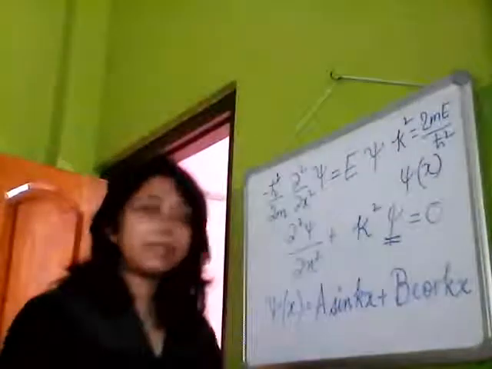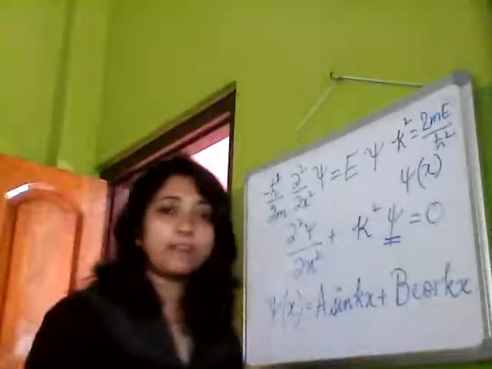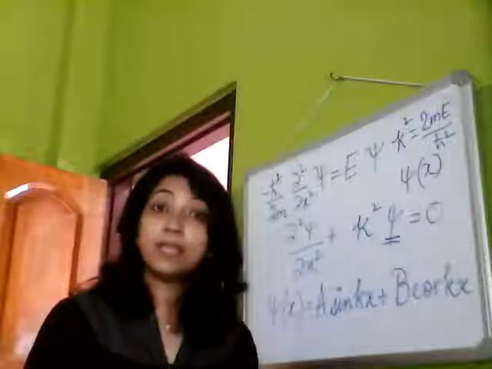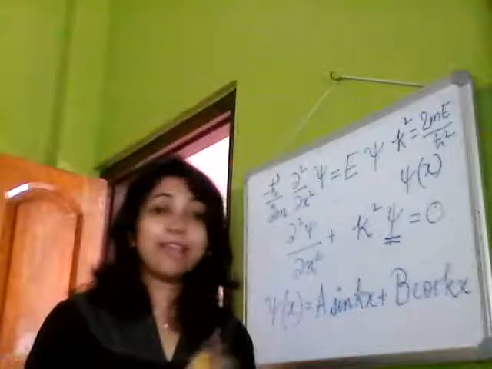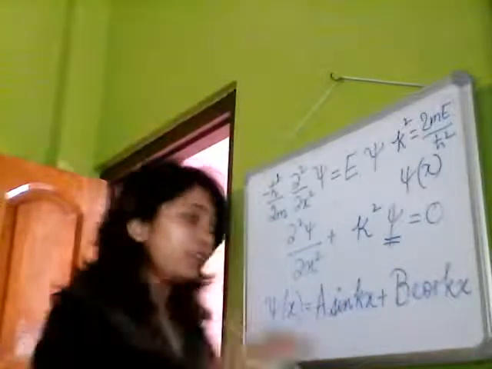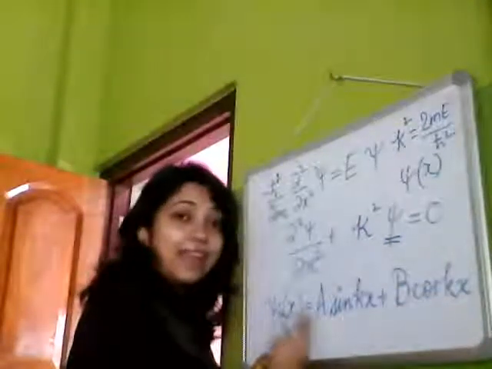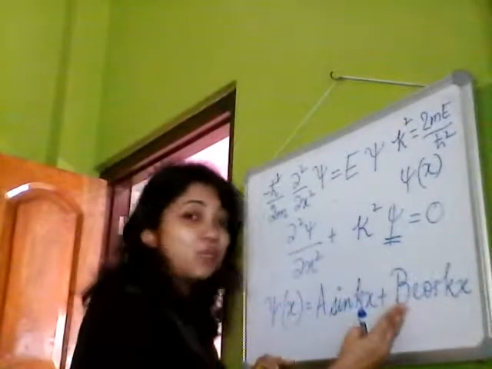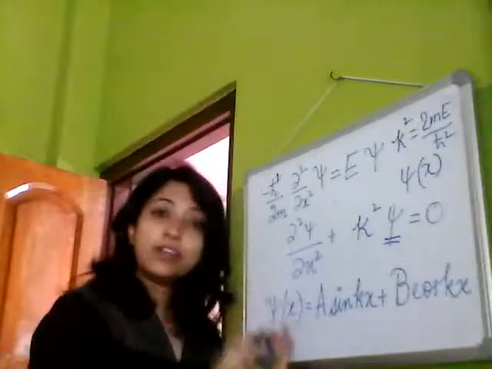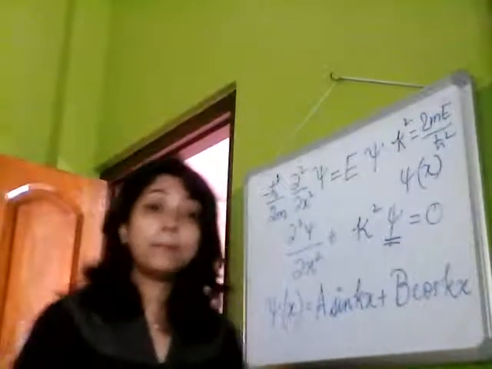Does this mean that since I have received my wave function, my solution is complete? The answer is no. Why so? Because even though I know this equation in this form, I do not know what A is, nor what B is. So the solution of the Schrodinger's equation is not yet complete.